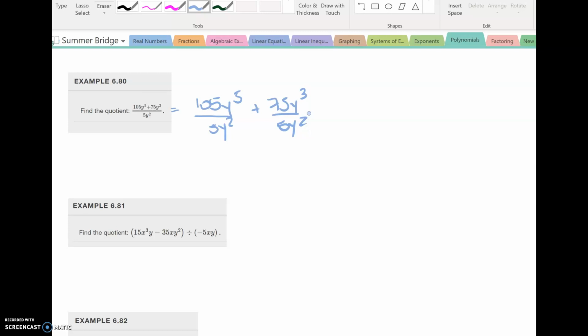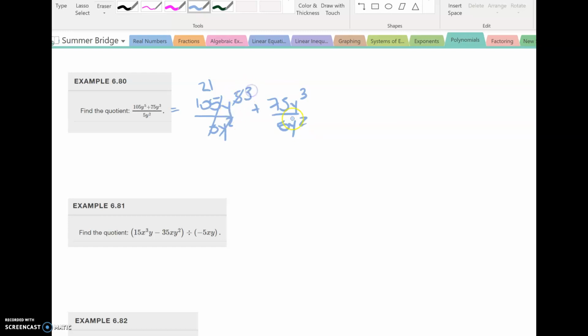So 105 divided by 5 is 21. And then the y squared is going to cancel out with the y to the 5th, and really, we're just subtracting, right?